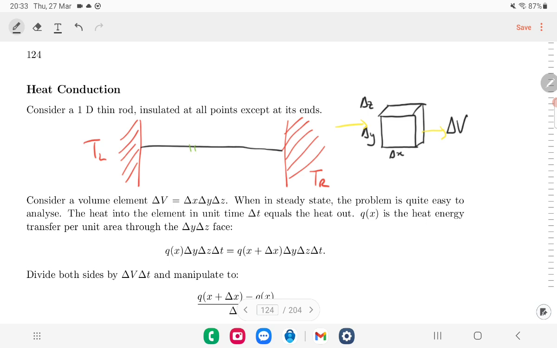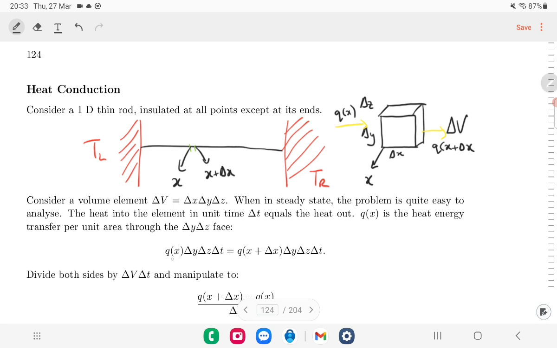Now we're going to say that the heat energy transfer per unit area will be Q of x, and then the heat out is Q of x plus delta x. This is supposed to represent the point x along the beam, and then this other point is x plus delta x, and Q is the heat energy transfer in unit time.